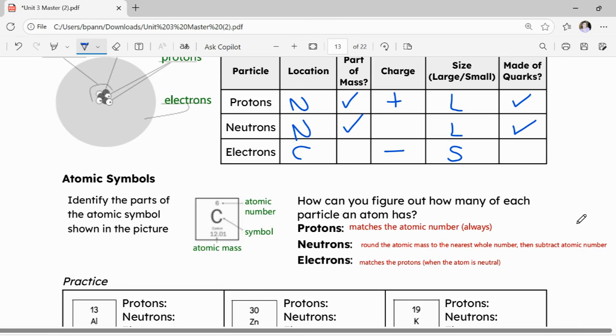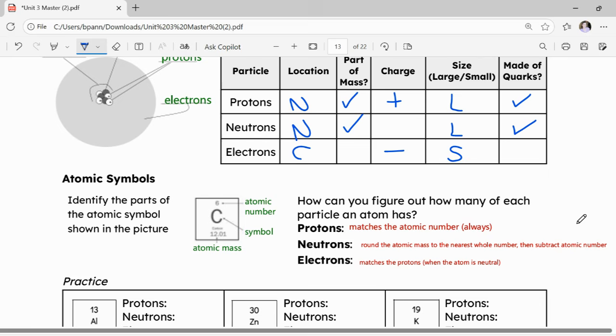Then we'll subtract the atomic number. So we'll do 12 minus 6, which gives us 6 neutrons. For smaller elements, it's fairly common for the number of neutrons to be similar to the number of protons. When the elements get to be very large, the number of neutrons tends to be bigger than the number of protons.